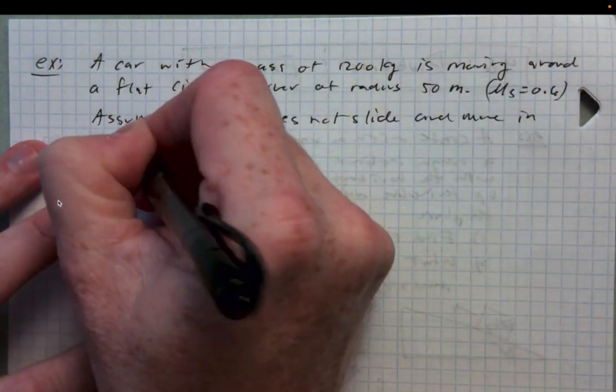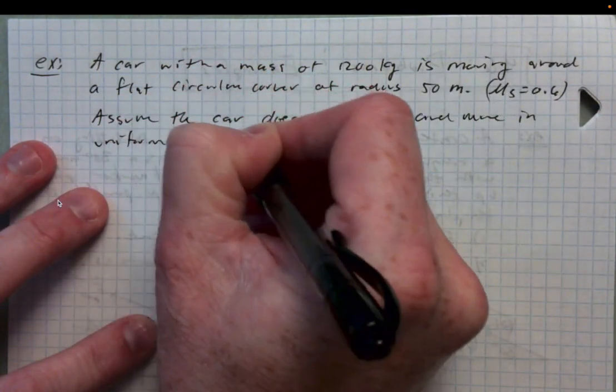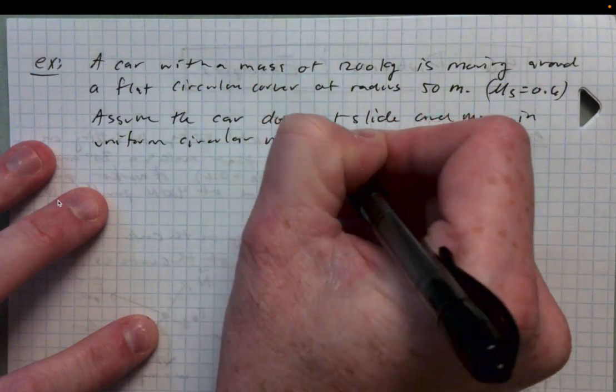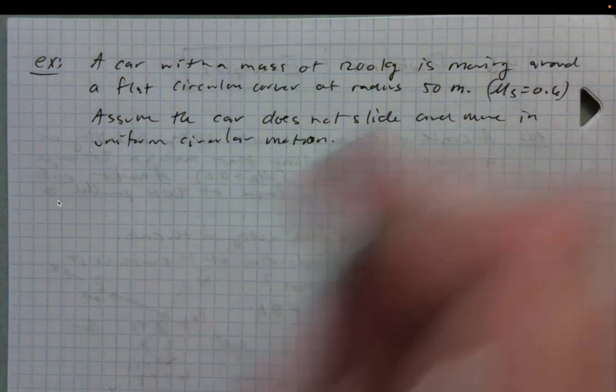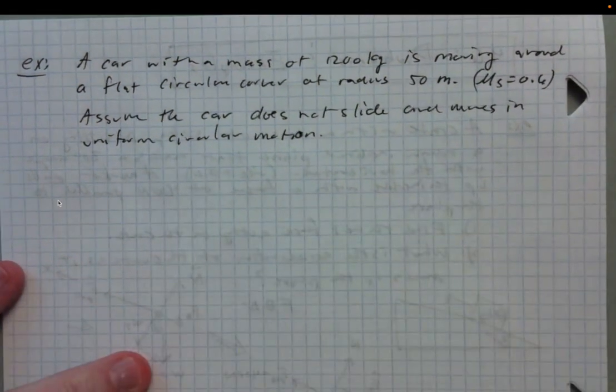in uniform circular motion. What does that mean again? Well, it means that first of all, it's a circular path. It's an arc of a circle that the car is moving around, and also the speed of the car is fixed, it's constant. All right, so uniform circular motion. So assume the car does not slide and moves in uniform circular motion.